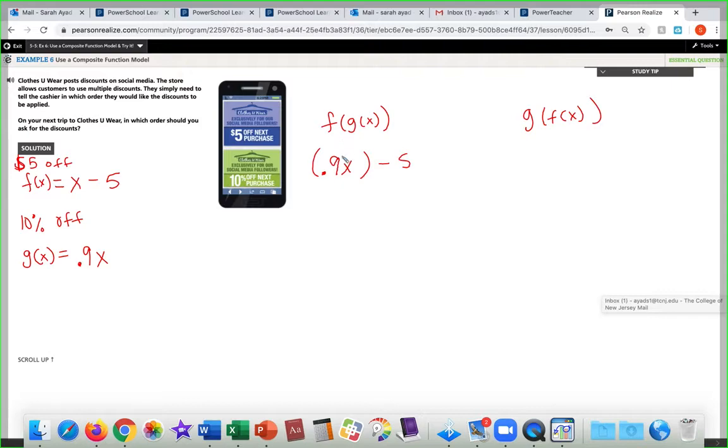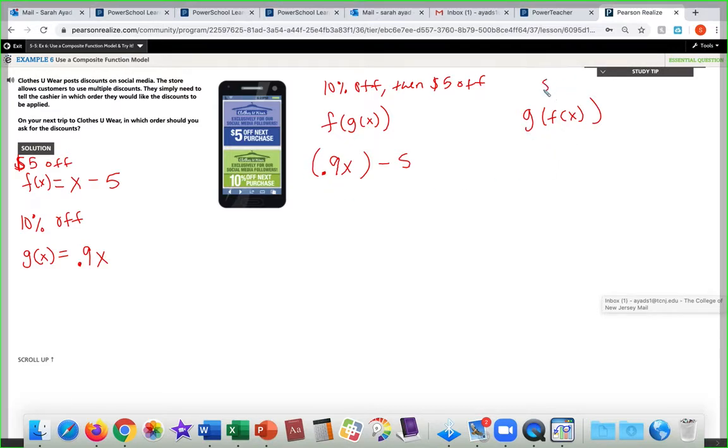What does this represent? This represents 10% off, then $5 off, right? I'm taking the 10% off and then I'm going to take the 5, right? I work inside to out.